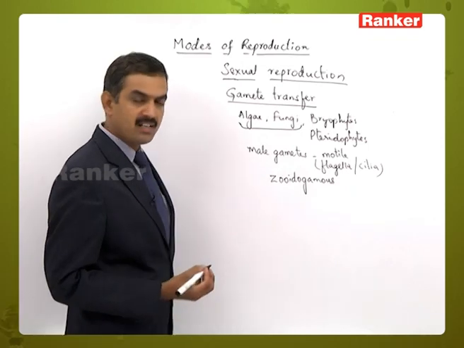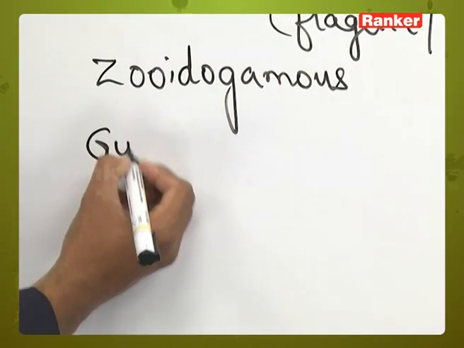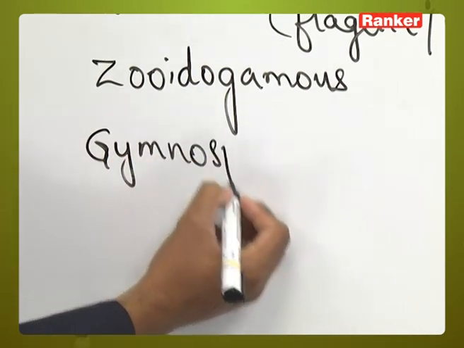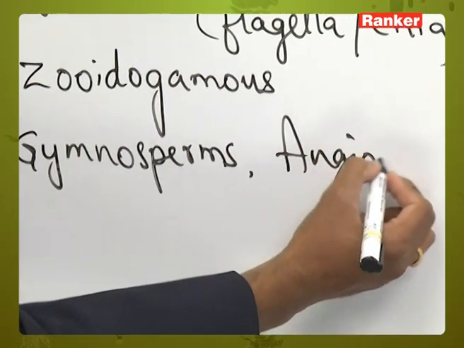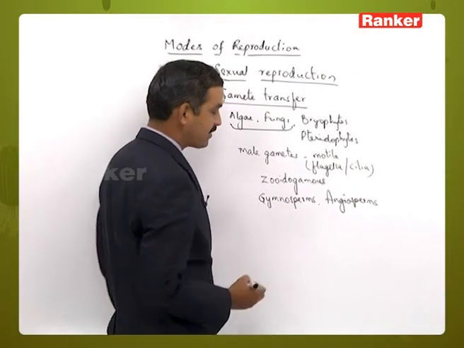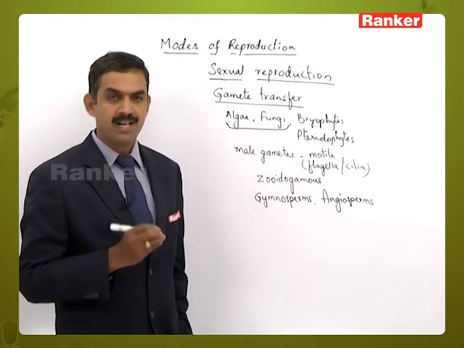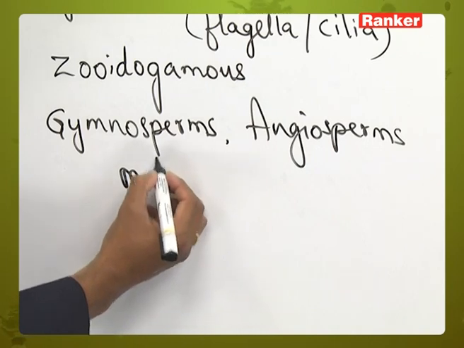And when it comes to the higher organisms, that is gymnosperms and angiosperms, in these two groups of organisms, the male gametes are non-motile, but these male gametes are carried by pollen grains.